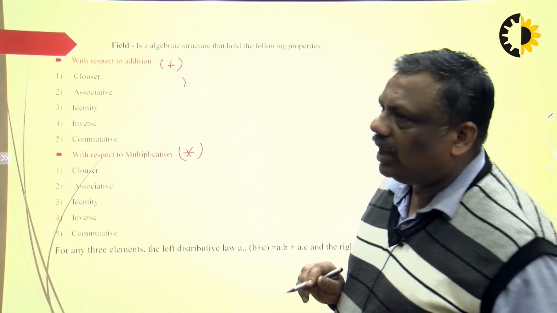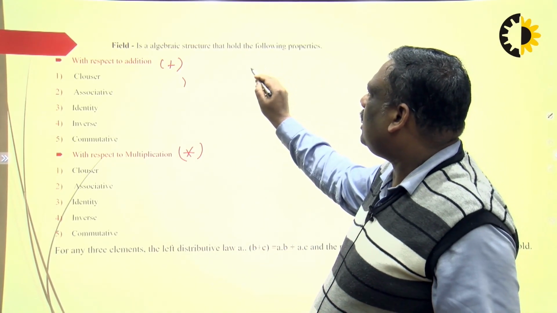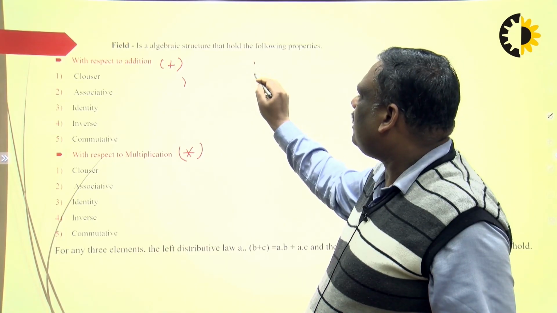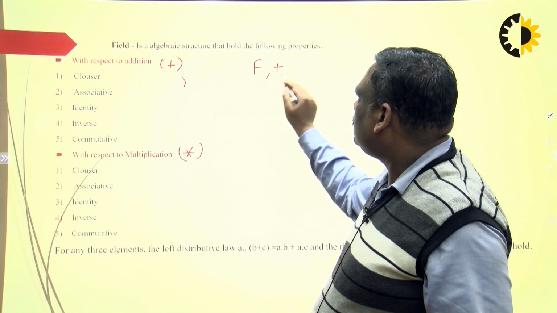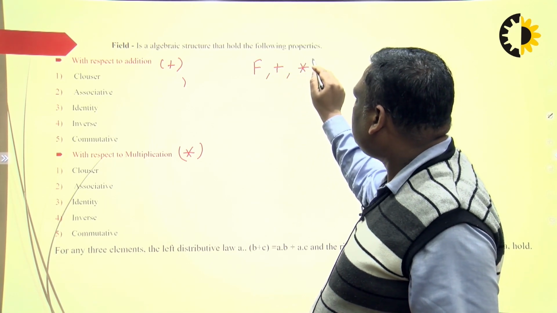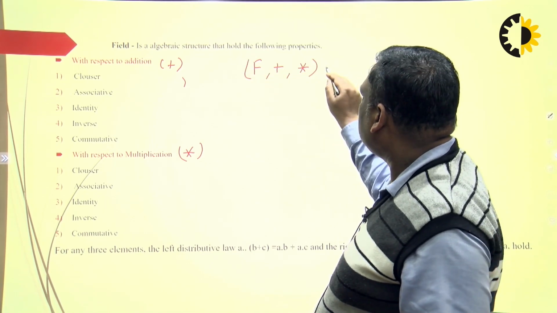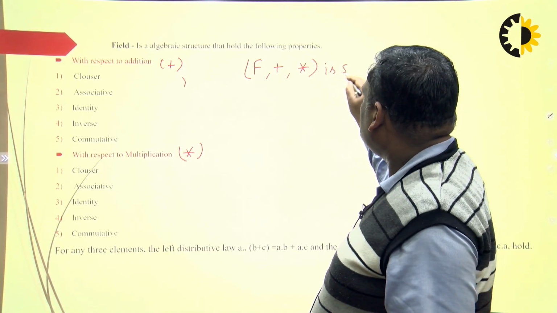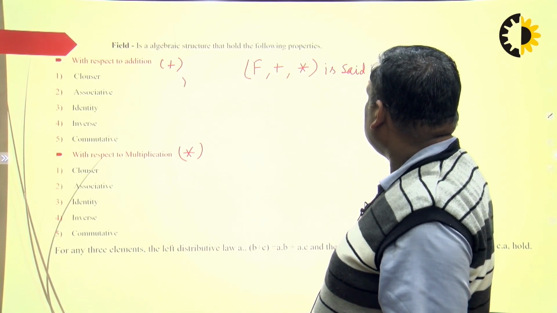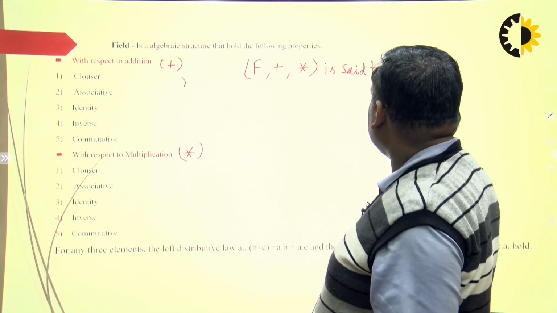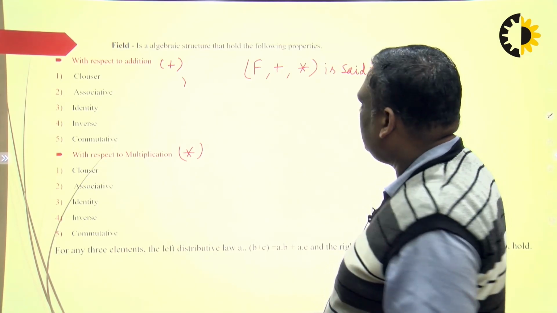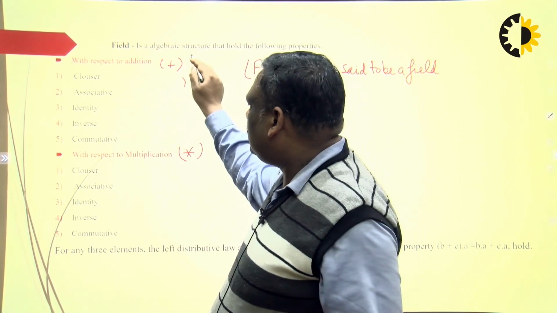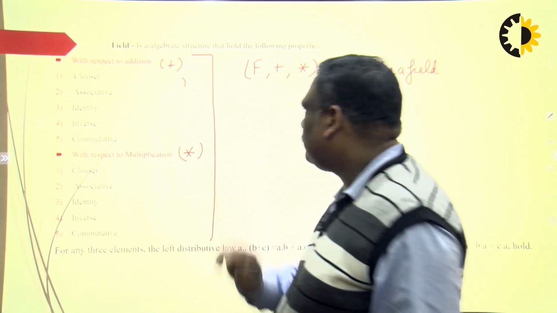So, any set F with two binary operations is said to be a field if it holds the following properties.